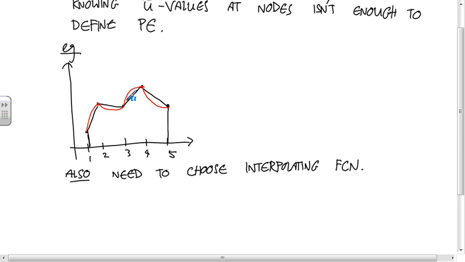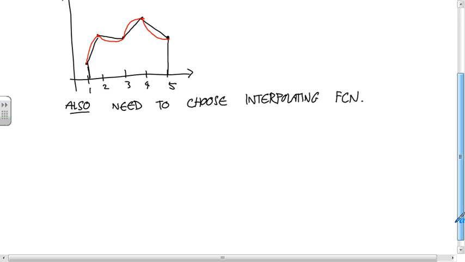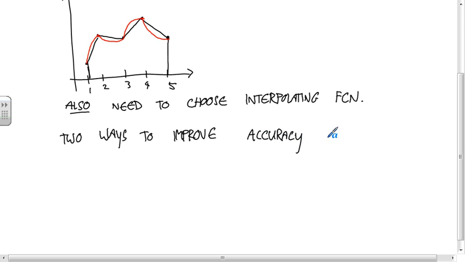And that sort of gives you the 2 different ways that you can improve the accuracy of a finite element calculation. So there's 2 ways to improve the accuracy of the approximation.